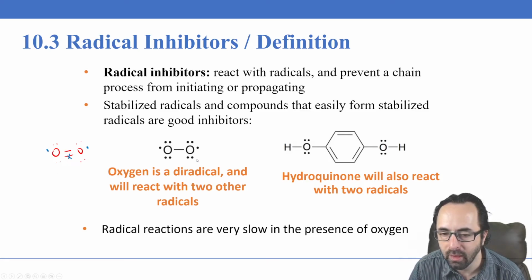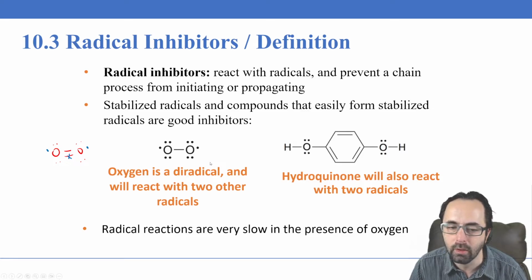And so this can react with other radicals and then produce a neutral compound. Because of this, radical reactions will go slow in the presence of oxygen because the oxygen will quench them. That's the word people often use. It will react with them to produce non-radicals.